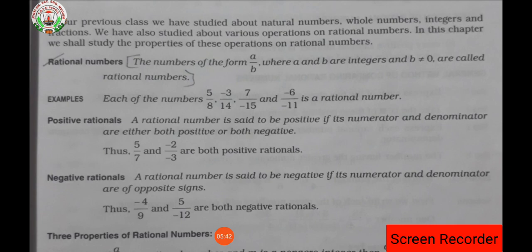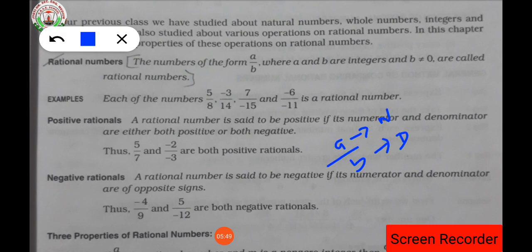Any one. Okay. Suppose a by b we are having, this is the numerator, this is the denominator. Among this numerator and denominator, any one of the numbers should be a negative number, that is minus 3 by 7 we will consider as a negative rational number.